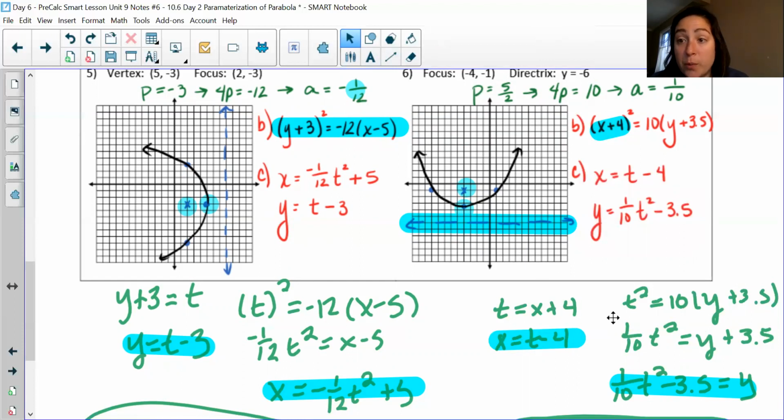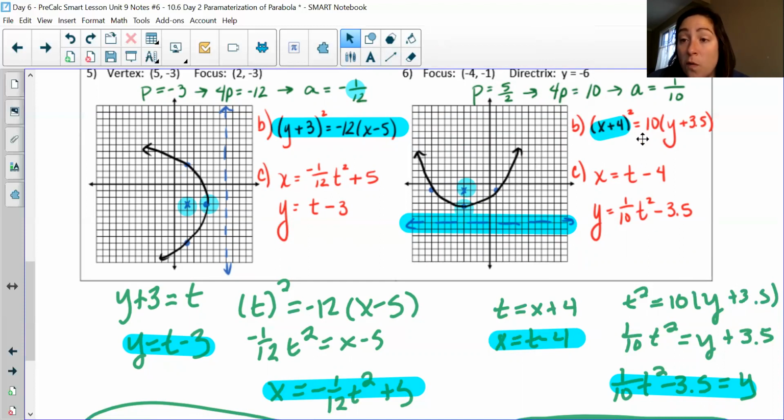Alternatively, if we're doing it with patterns, since our parabola is opening up, I know for my rectangular that x is squared. So since x is squared, the t squared goes with y.